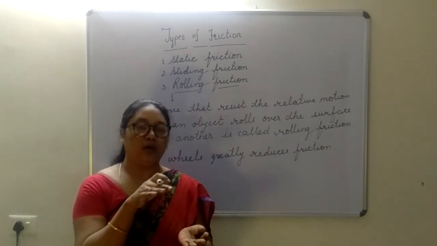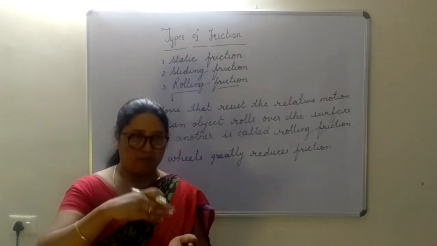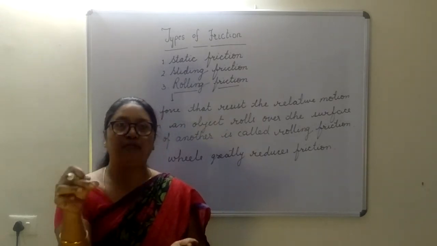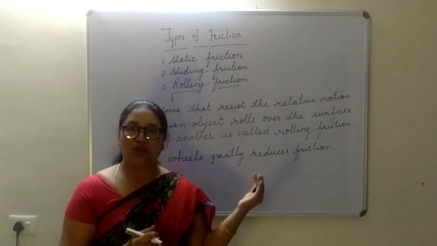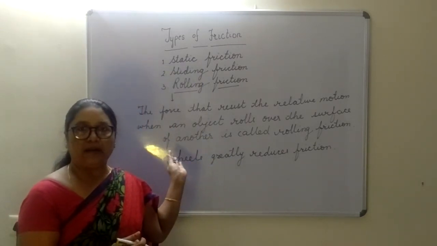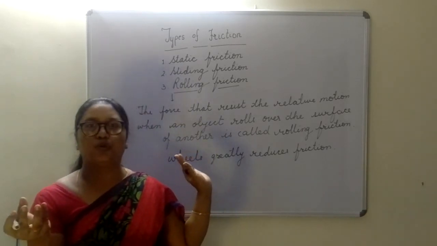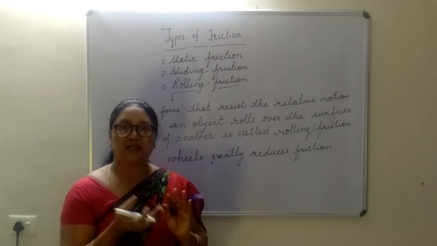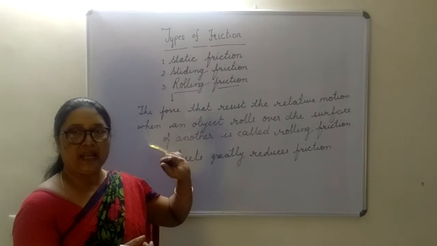If you want to shift a book, place cylindrical pencils under the book and just roll it, and very smoothly it will be rolled. So these are a few examples. Wheels are also used to move heavy objects like cars, trucks, and so many things. There, rolling friction acts.